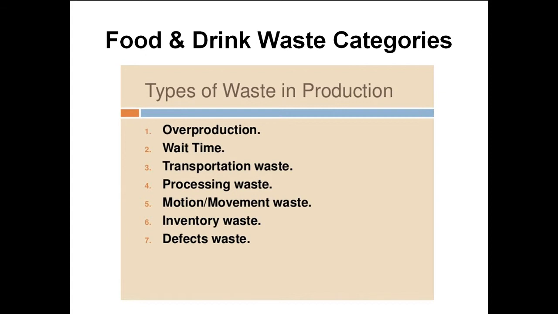Then we've got wait time, transportation waste, so things go wrong in transportation, processing waste, and then we've got motion and movement waste, inventory waste, and defects waste as well.